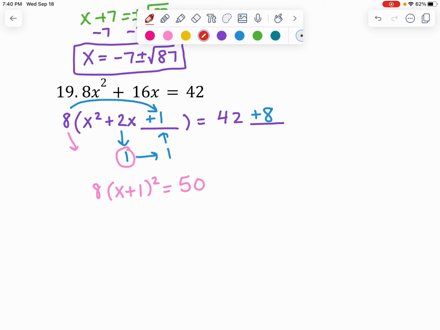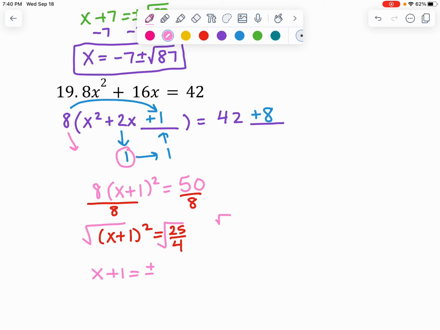All right, next thing I'm going to do is divide both sides by 8, and I get x plus 1 squared equals 50 divided by 8. That is not a whole number, so I'm just going to reduce that fraction. It reduces to 25 over 4. From here, I'm going to use the square root to cancel the squared, and I get x plus 1 equals plus or minus the square root of 25 over 4.